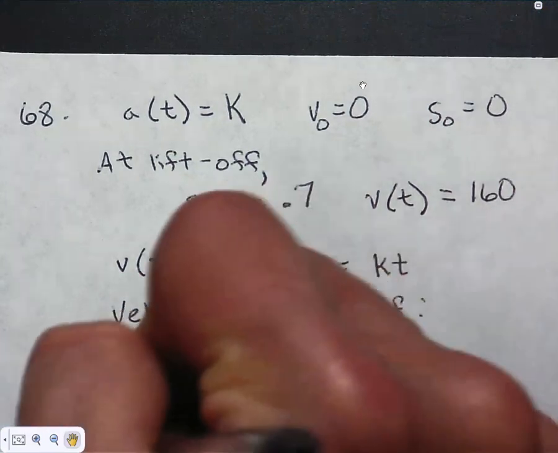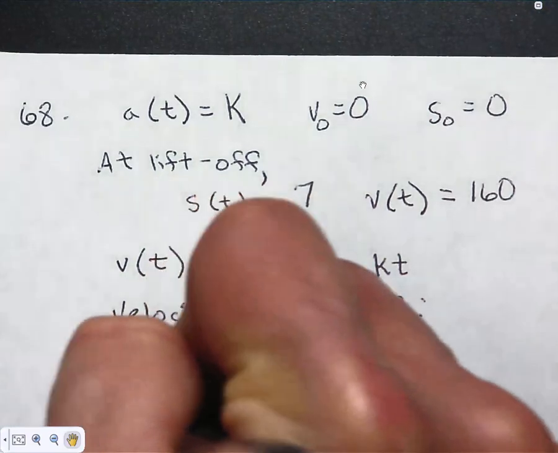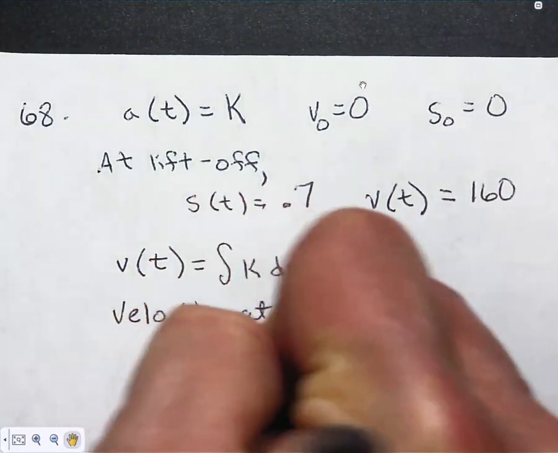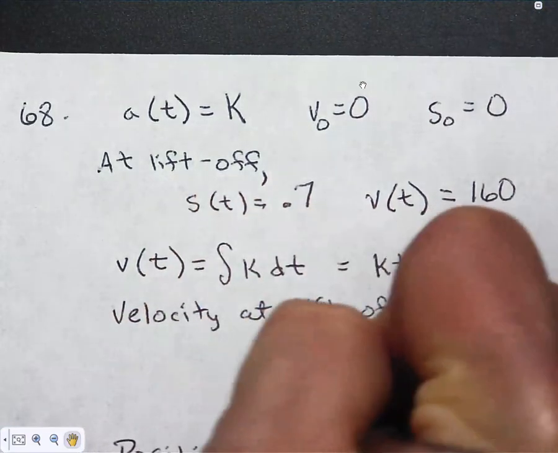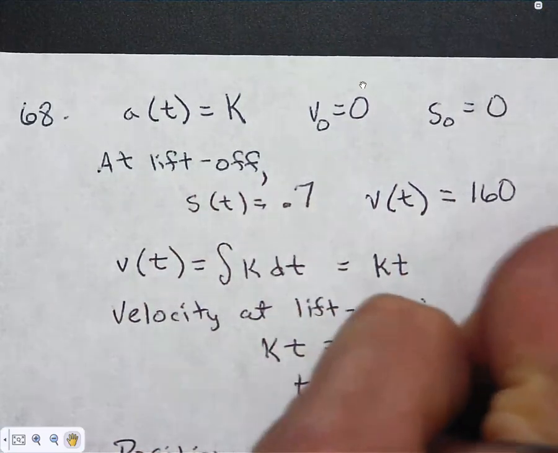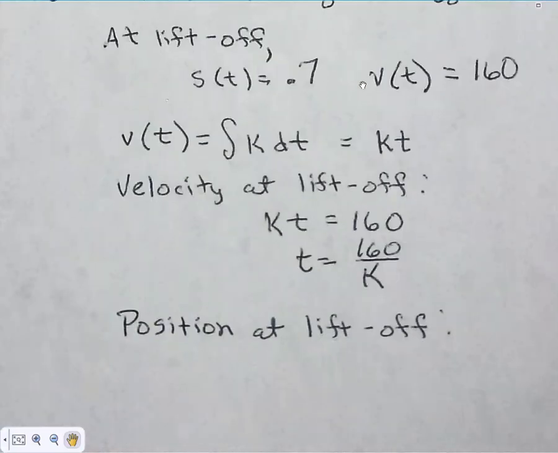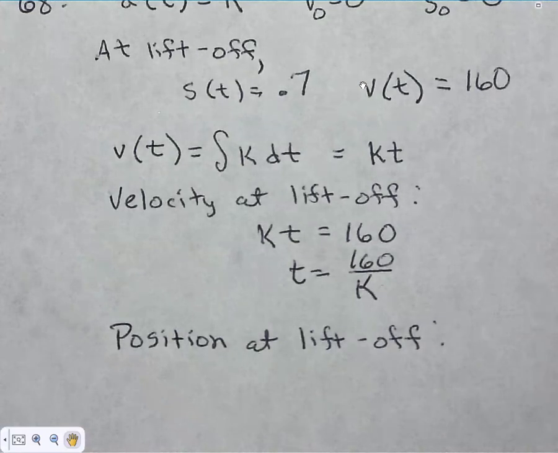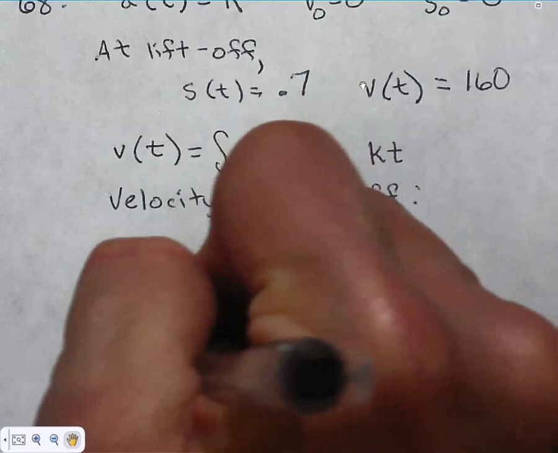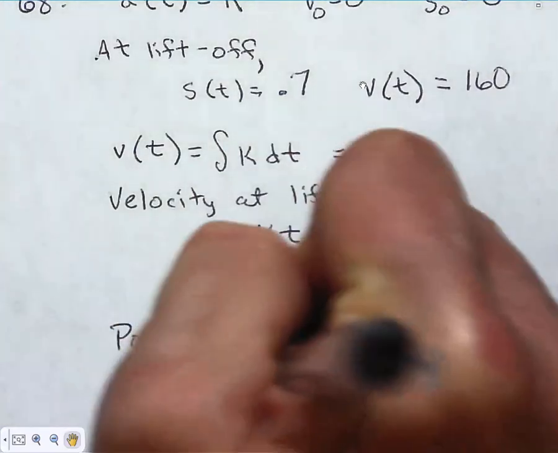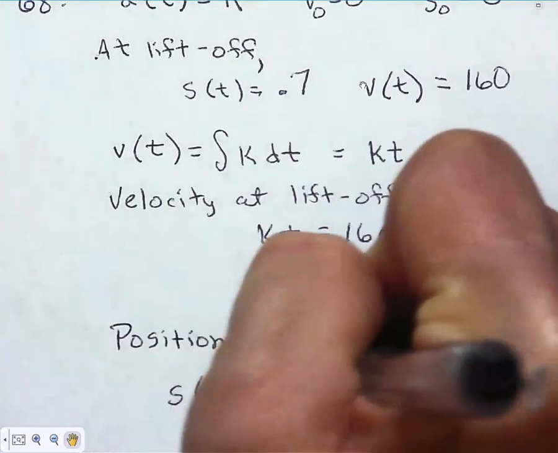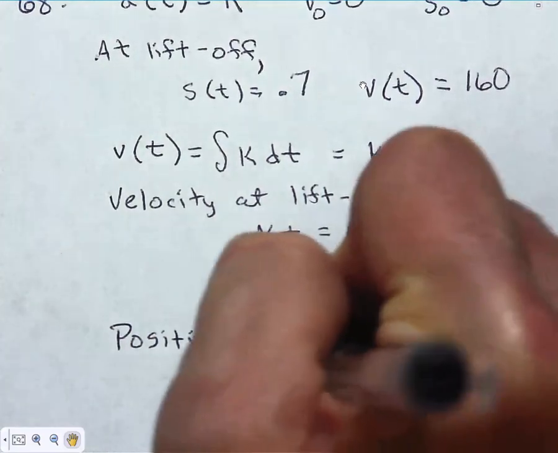And so I can find the position at liftoff. If I find the position function, it's the antiderivative of the velocity function.